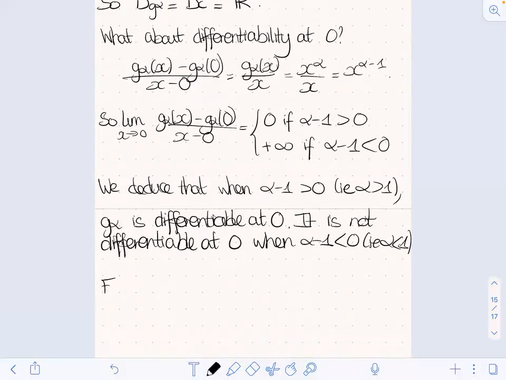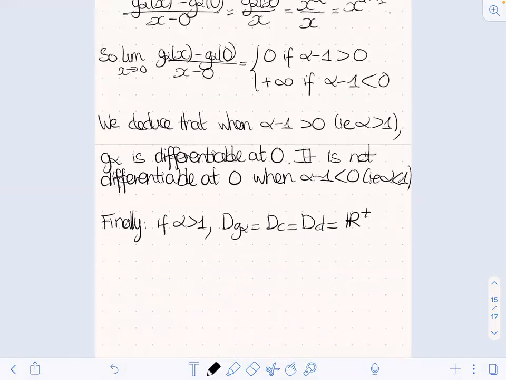So finally, if alpha is greater than 1, okay, we have the definition domain equal to the continuity domain equal to the differentiability domain equal to R plus. Okay, you can go to 0 for continuity and differentiability. And if 0 is smaller than alpha, smaller than 1, you have two things.